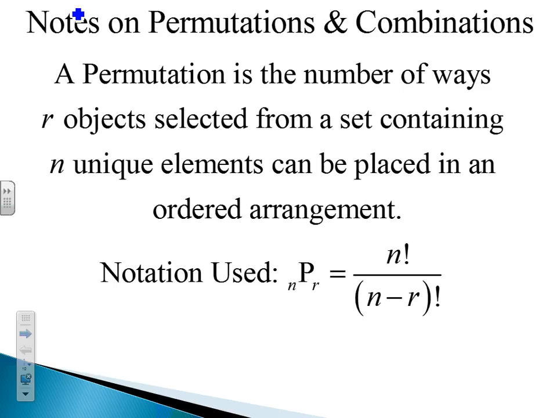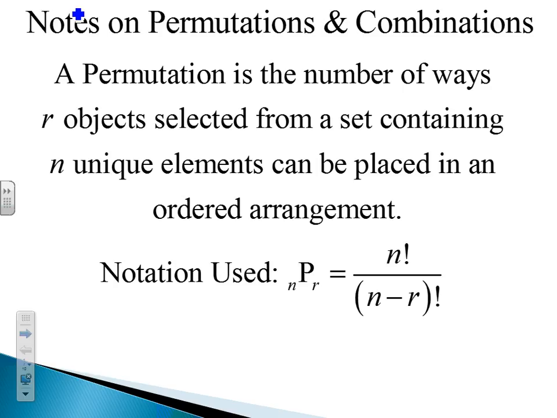Now, here, what you're noticing, first of all, it's giving you a generic definition of what a permutation is. And again, here's that word: we're worried about how things are ordered.